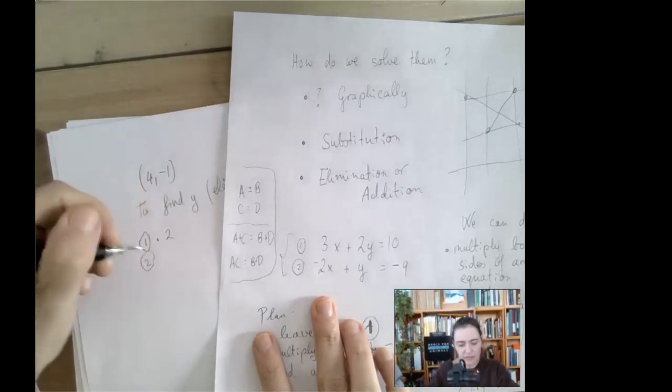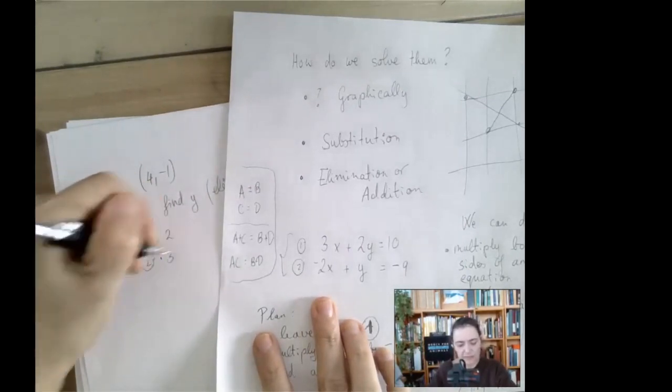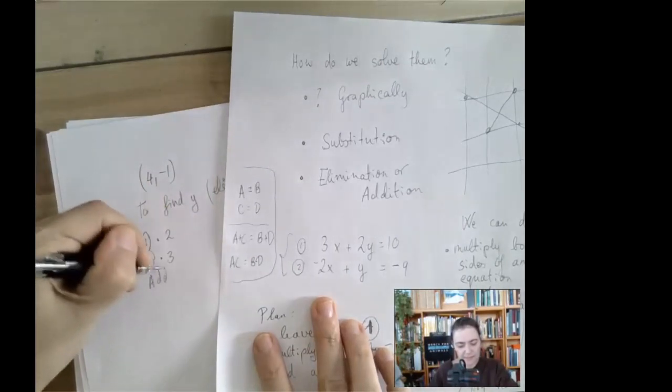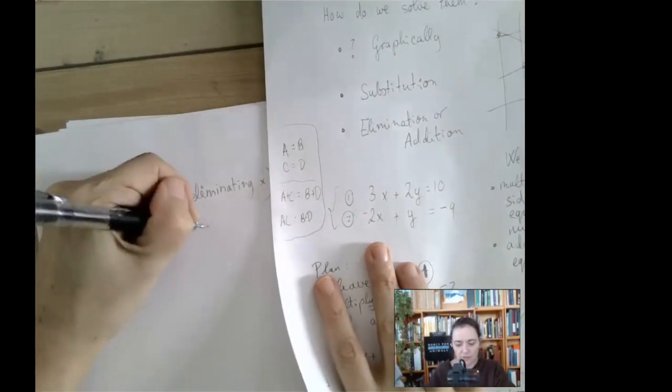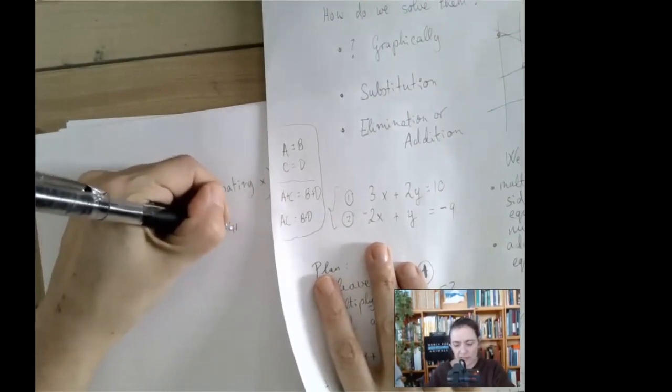The second equation, we're going to multiply by 3 and then add. That's the plan. So the first equation doubled is 6x plus 4y equals 20.